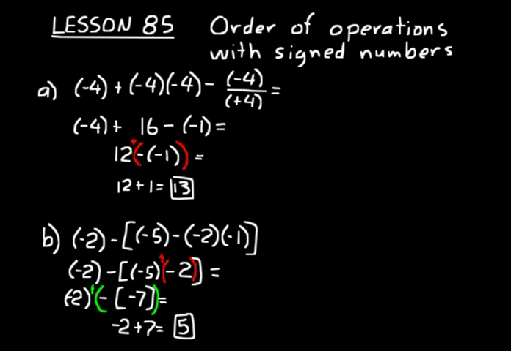Key to doing these problems right, one important thing is to stay organized like we're doing here, and also just keep up with those signs. Anytime you have a subtraction in these order of operations, turn it into an addition problem by putting the sign and the number or numbers in front of it, put that all in parentheses and then put a plus sign to the left of the parentheses.